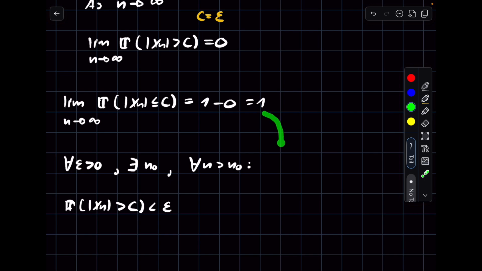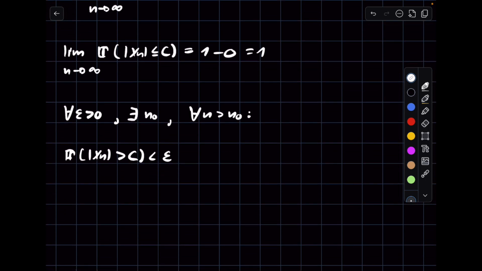And because this is a limit by the rules of the limit, we know that for all epsilons greater than 0, there exists a point for which, if we go further, then this will be true. So the complement case will be true. Meaning that if we take the other complement case, this is going to be equal to this. And we have proven it.